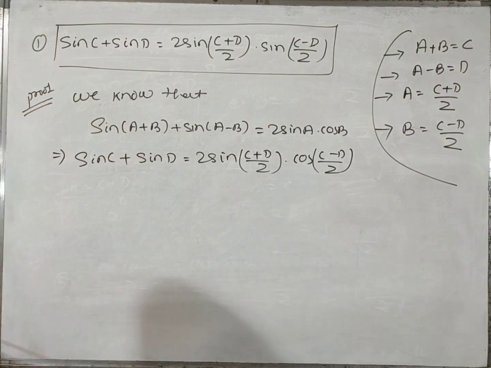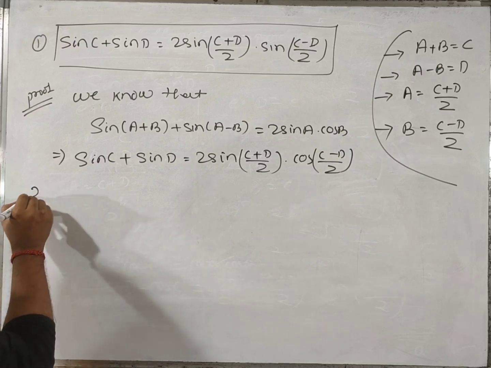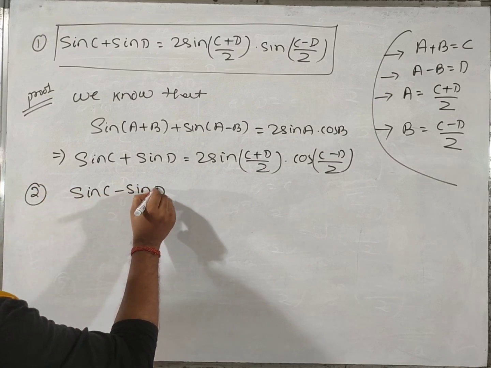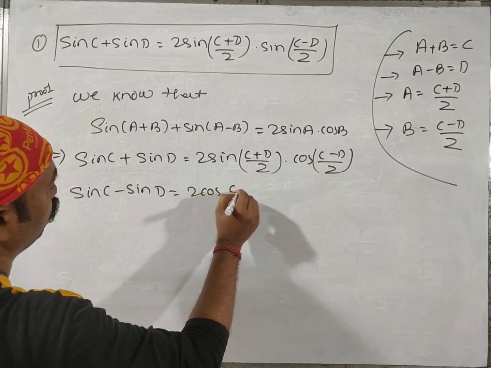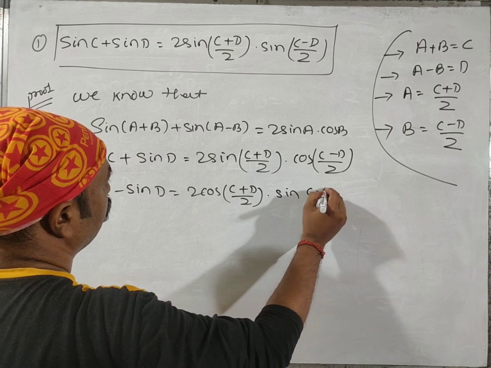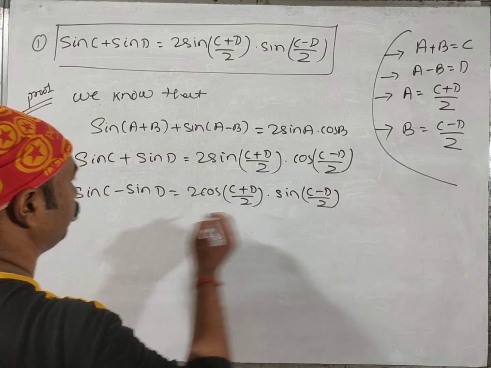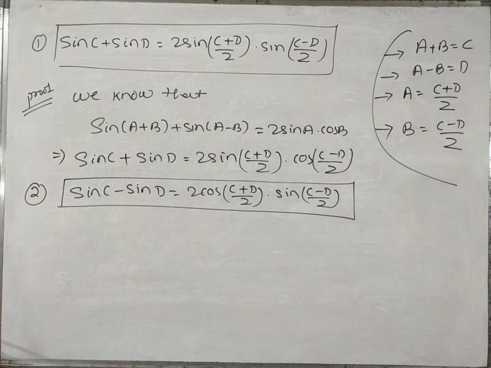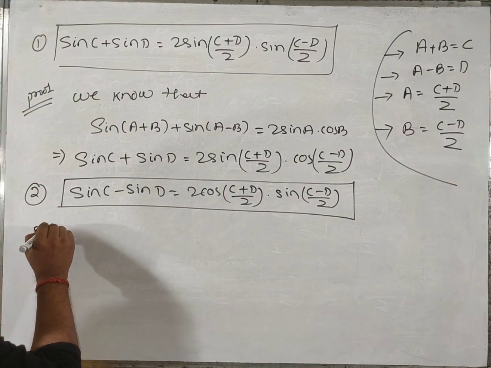Then let us go through the second formula, sin C minus sin D is equal to 2 cos((C plus D) by 2) into sin((C minus D) by 2). Here is the proof.